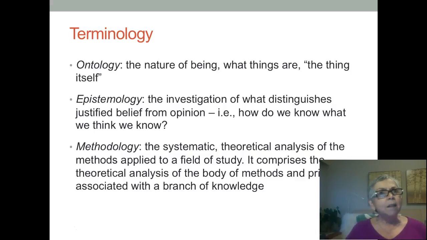And of course, epistemology is the study of what justifies that belief. How is it that we can know what we think we know? How can we distinguish these kinds of justifications for the kinds of conclusions that we come to in the research that we do?